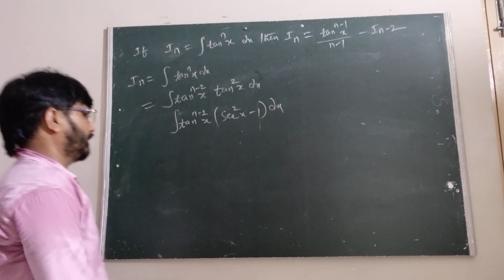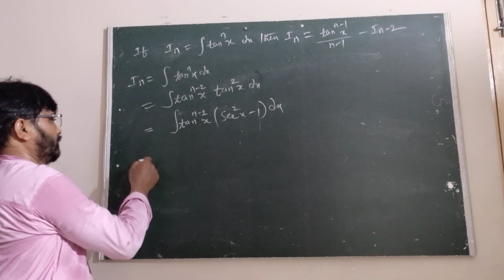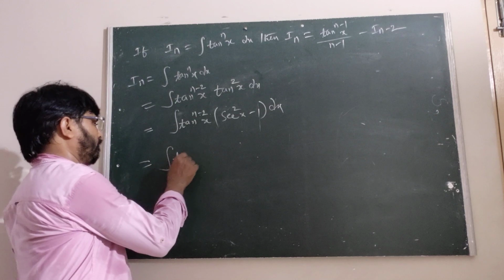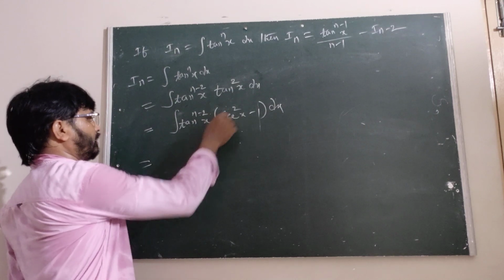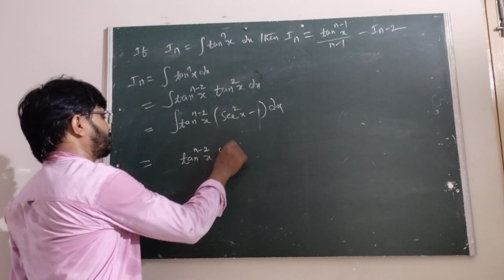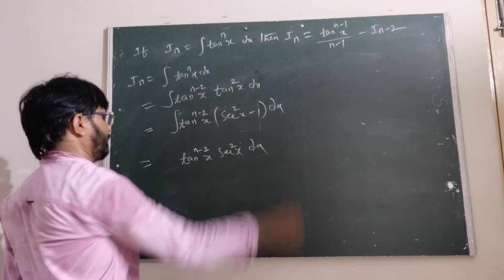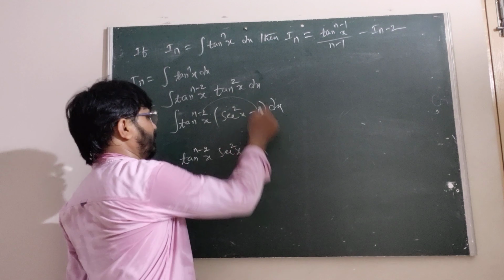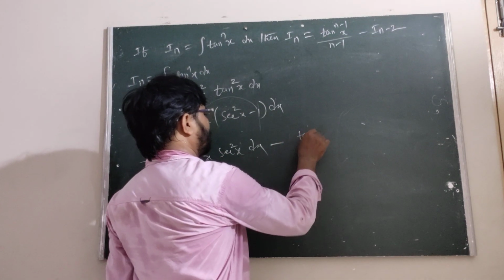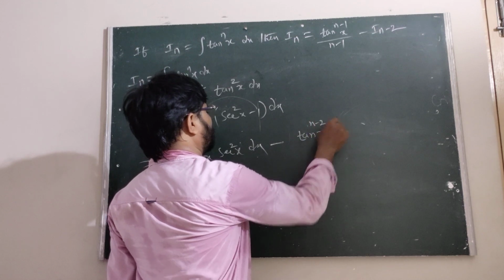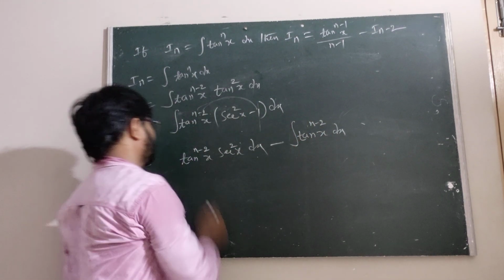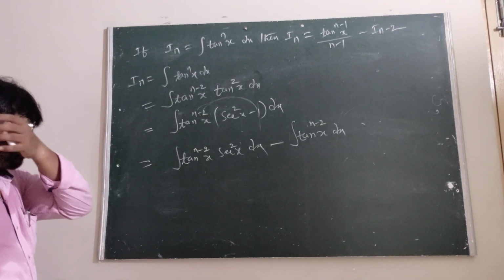Is it okay? Now here the integral, this is multiplied with this one, tan power n minus 2 into x into secant square x dx. Now this is multiplied with 1, tan power n minus 2 into tan power n minus 2 x dx. Therefore, how to solve this one?